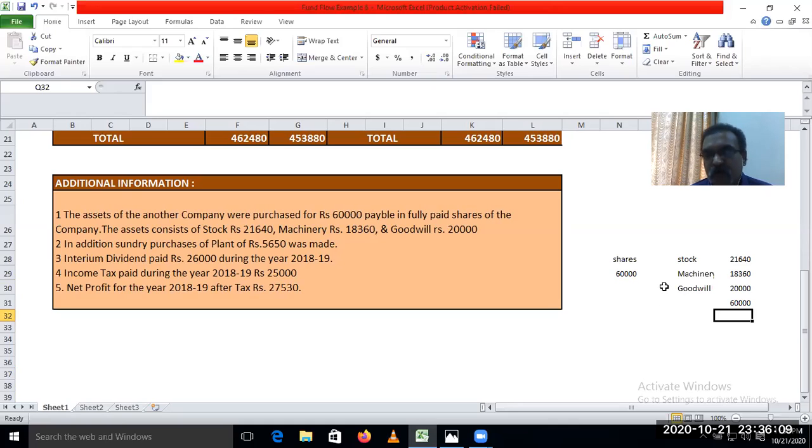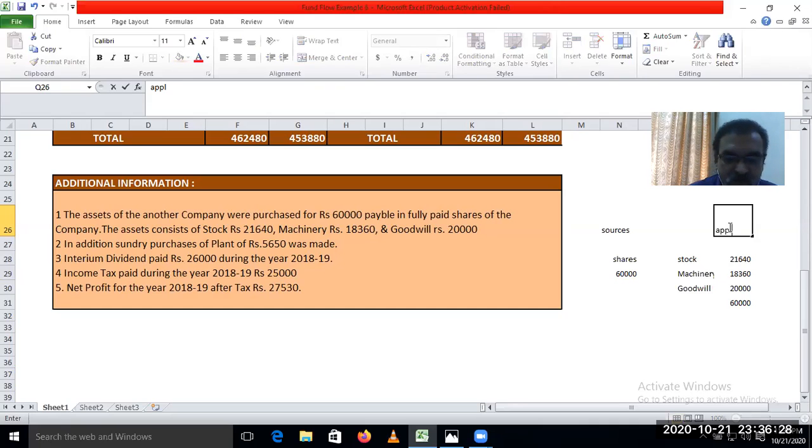So what is the significance of this adjustment for our example? This is the issue of shares, which means this will appear as a source of funds. And from this issue of shares, the company has purchased assets, so this will become an application.